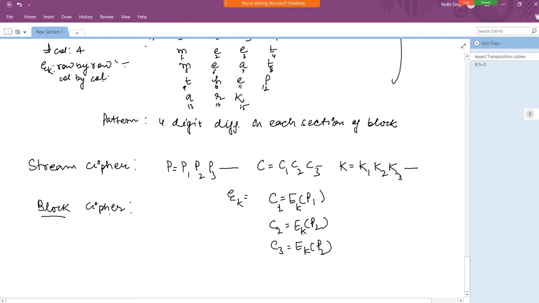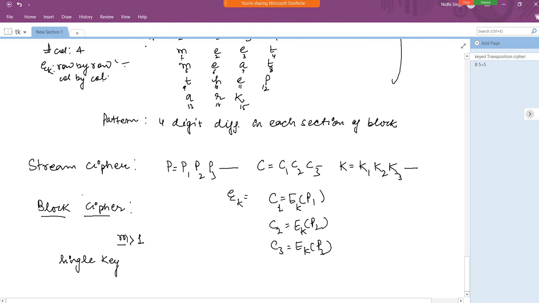What about the block cipher? In the block cipher, one example is the keyed transposition cipher, in which you just divide your plain text into equal size blocks. The plain text is divided into equal size blocks of size n, and n should be greater than 1. And a single key is utilized to encrypt the whole block.